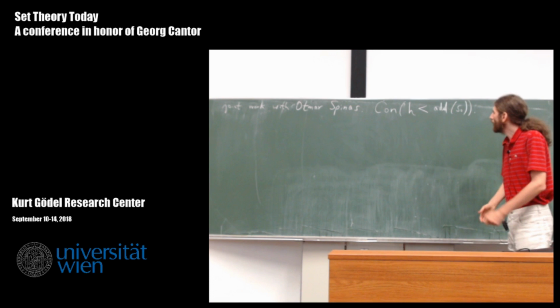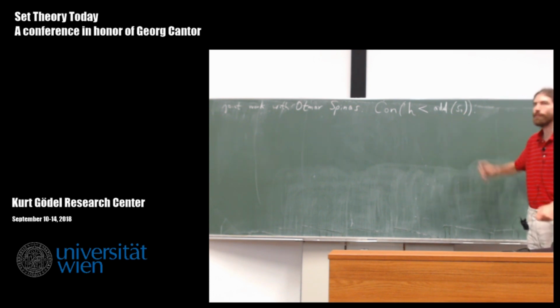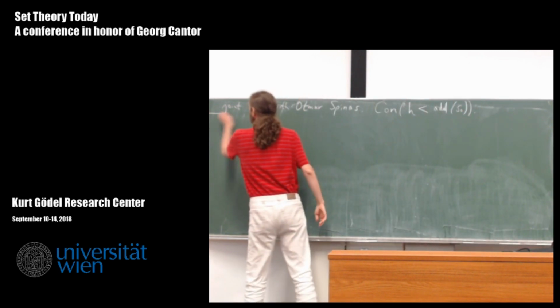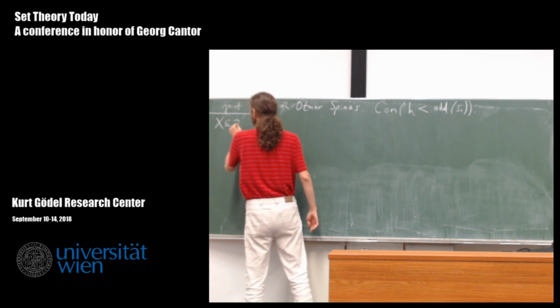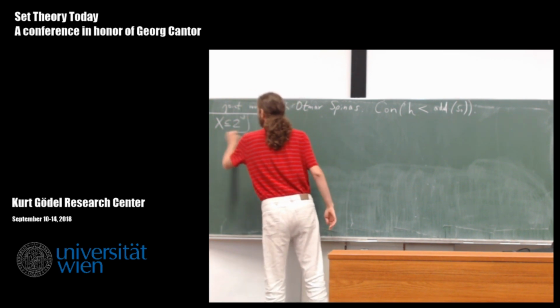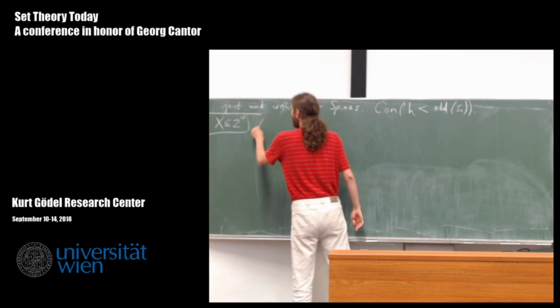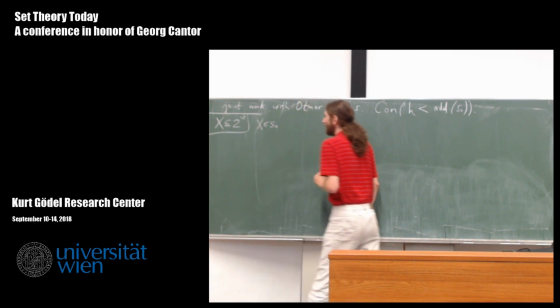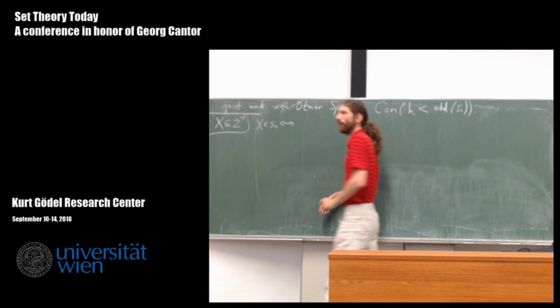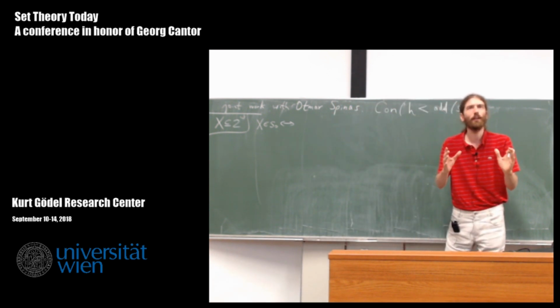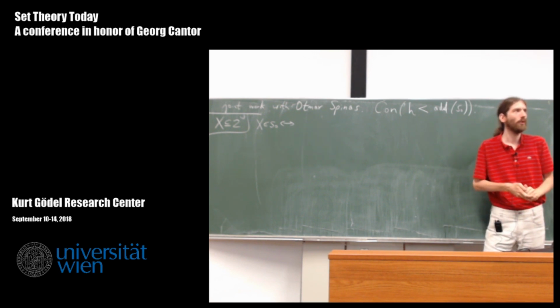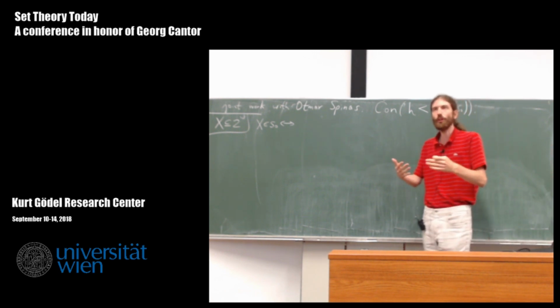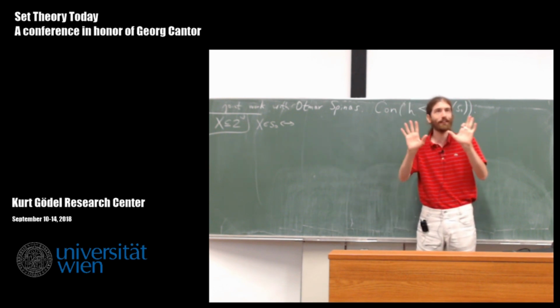And what is the additivity of the Marczewski ideal? Let me first define the Marczewski ideal S0. A set X, a subset of 2 to the omega, is in the Marczewski ideal S0 if and only if the following holds: each perfect set can be shrunk to a perfect subset disjoint from X. Or using the language of forcing, perfect sets are branches through Sacks trees.